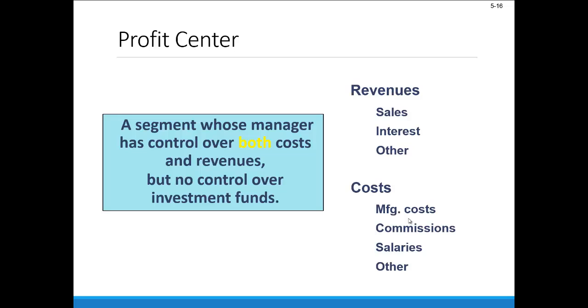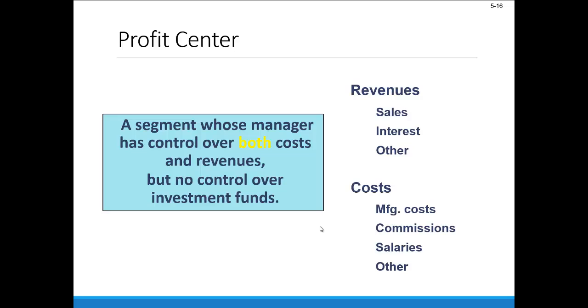Next would be the profit center. And that's any segment or part of the organization where the manager has control over both costs and revenues, but doesn't control investment funds. So they are customer facing in some way. They generate revenue. They also have costs associated with them, but they're not tasked with making capital investments. Some examples out there in the world would be individual retail stores.